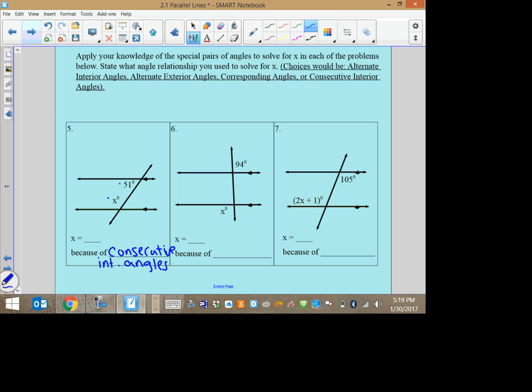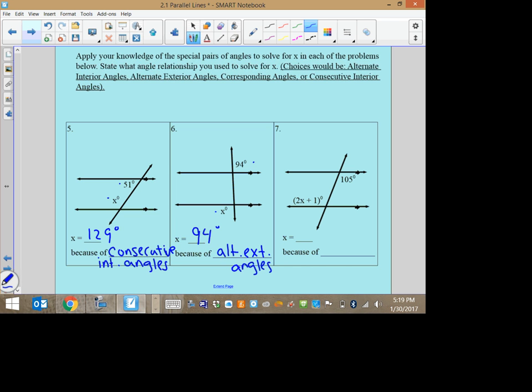So 180 minus 51 is 129 degrees. So x is going to be 129. Number 6 here, we have alternate exterior angles. We know that those are congruent, so x has to be 94 degrees.